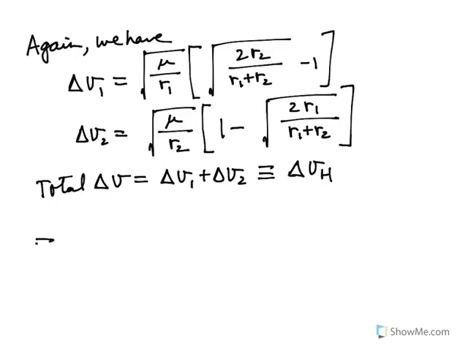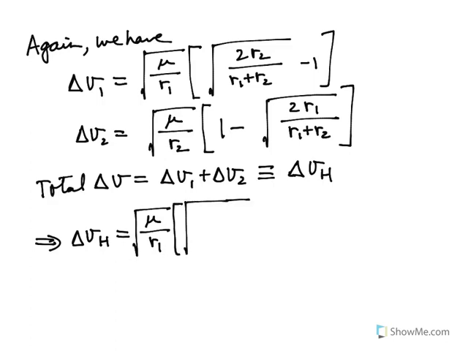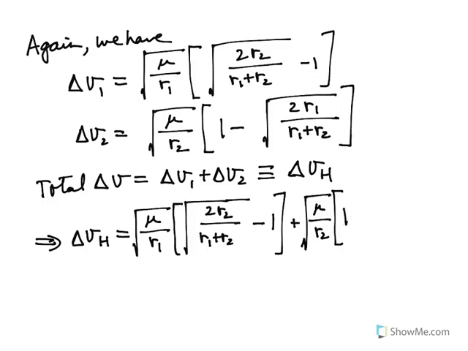So that means that delta v for the Hohmann transfer is the sum of these two, which is the square root of mu over r1 times the square root of 2r2 all divided by r1 plus r2 minus 1. And then we've got plus the square root of mu over r2 times 1 minus the square root of 2r1 all divided by r1 plus r2.